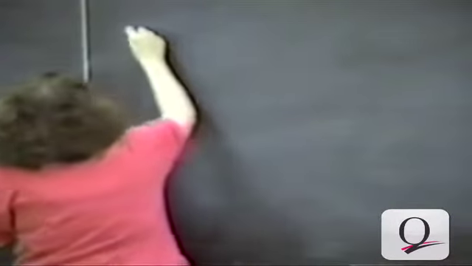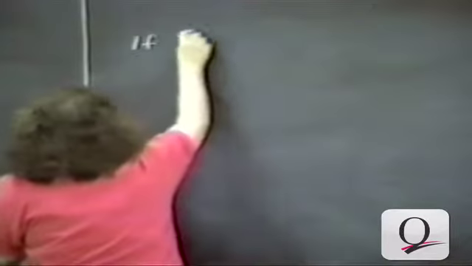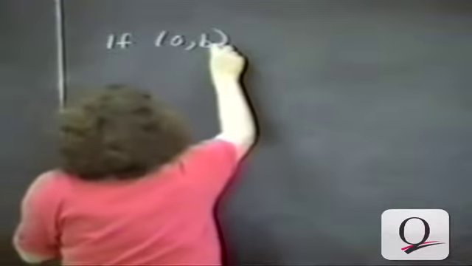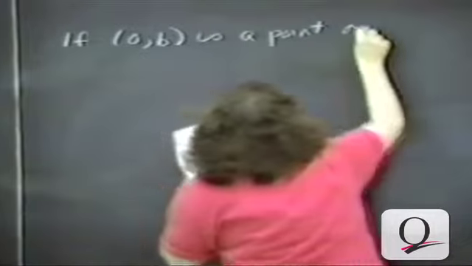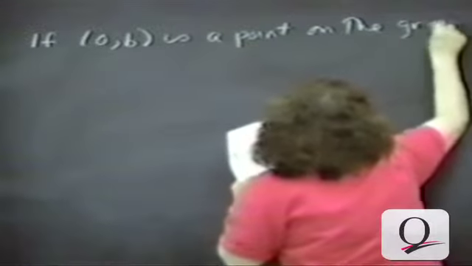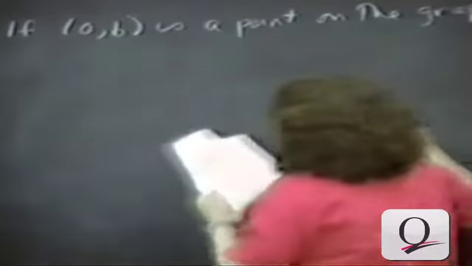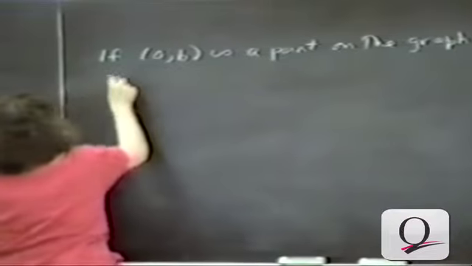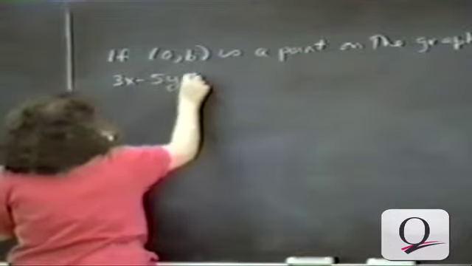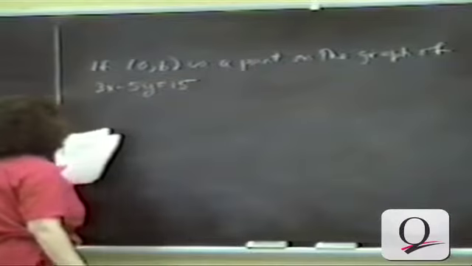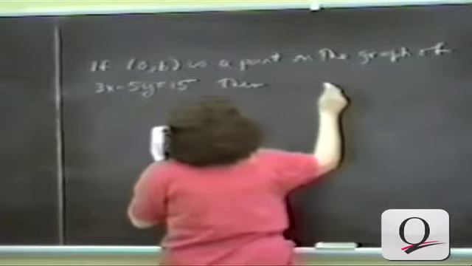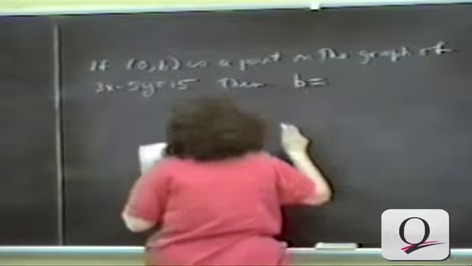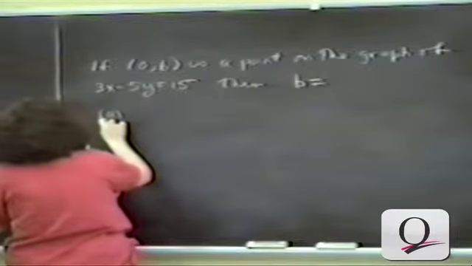For our next problem, very often they ask a question of this type. If 0, b is a point on the graph of 3x minus 5y equals 15, then b equals, and they give choices.